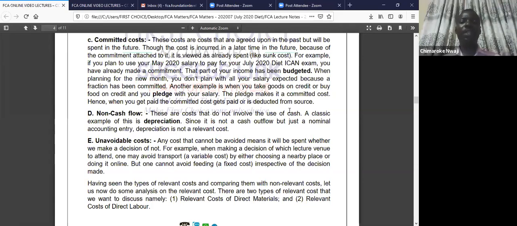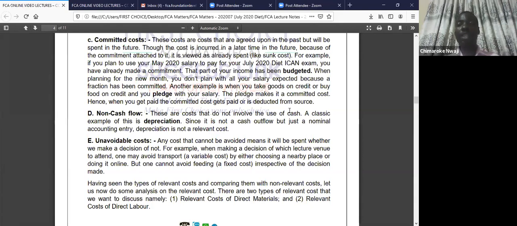So depreciation is not a physical cash leaving your company. Although depreciation is seen in financial accounting as an expense and there is a value to it, it is not real cash. It's just like saying profit. Profit is just jargon that says your sales revenue minus your costs.